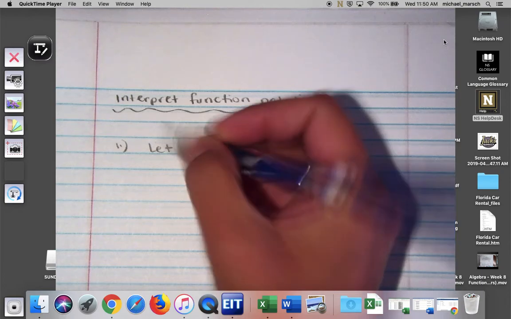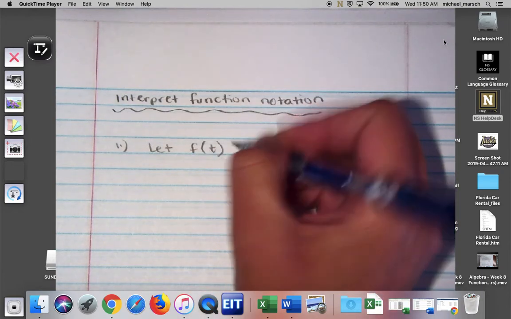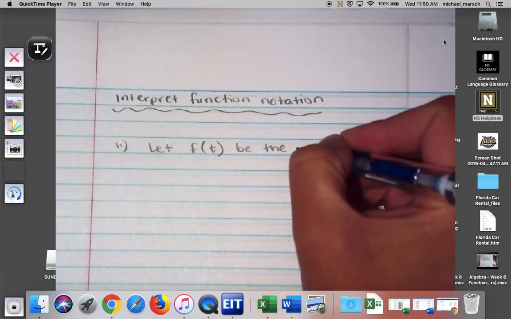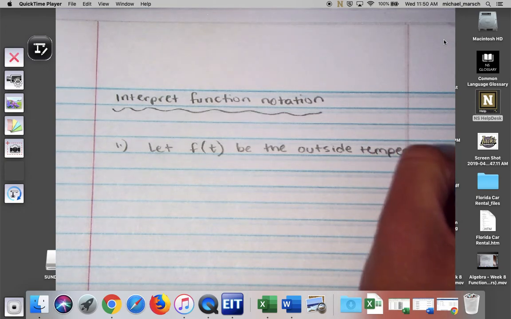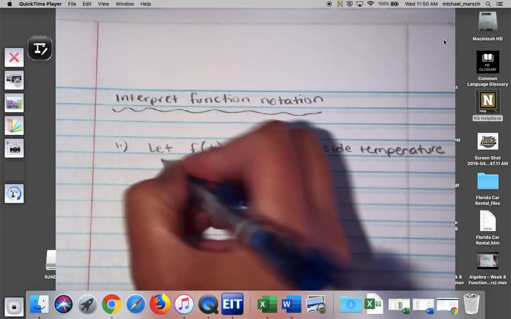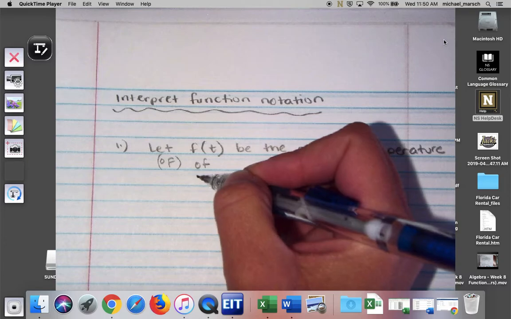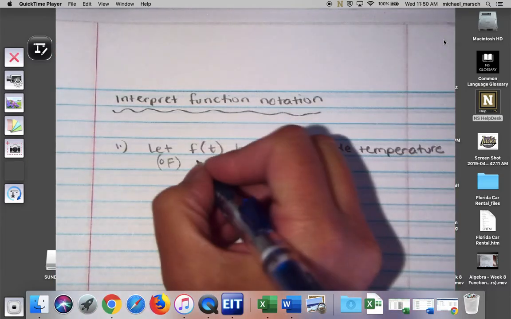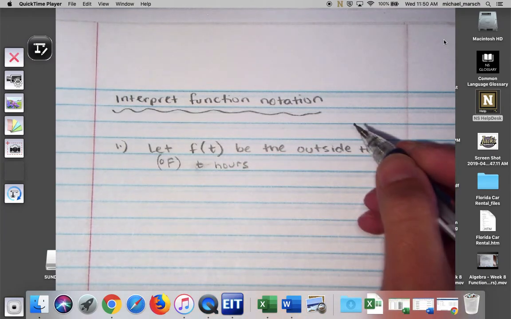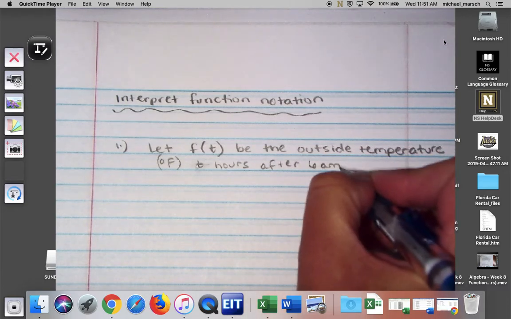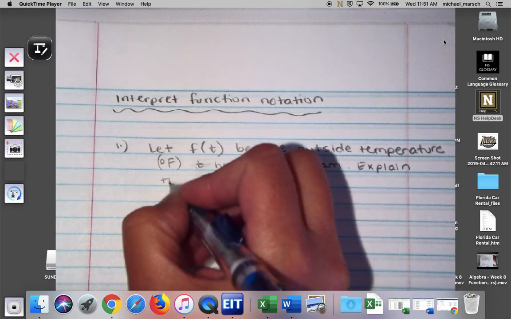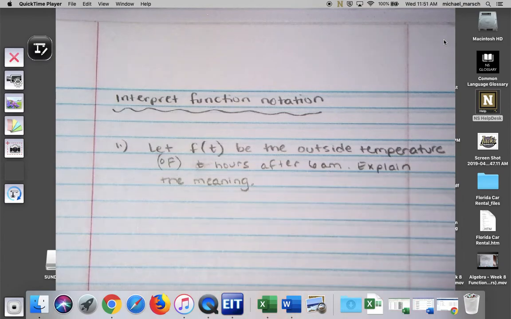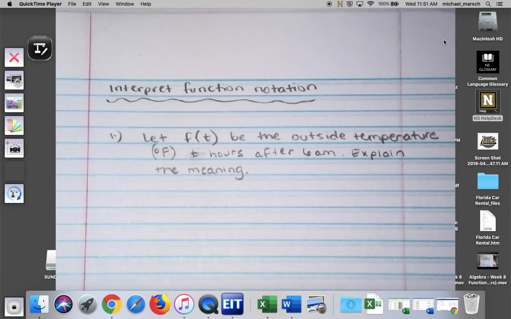I'm just going to write this up here and then we'll talk about it. Okay, so let the function of T be the outside temperature, in degrees Fahrenheit, T hours after 6 a.m. Explain the meaning.